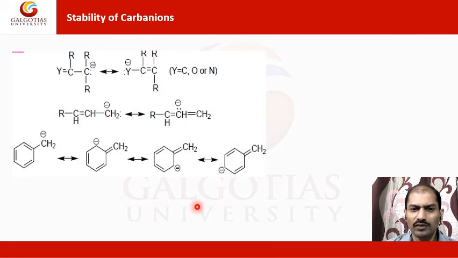So you have to see that the higher the s character, the more stable the carbanion will be. Here in the triple bond you can see, and for different other groups you can also check their s character. Accordingly, that particular carbanion species will be more stable.